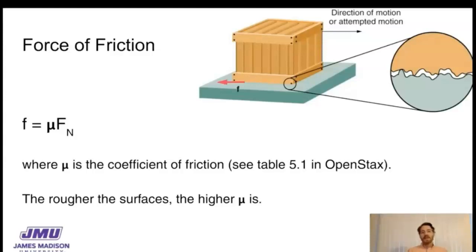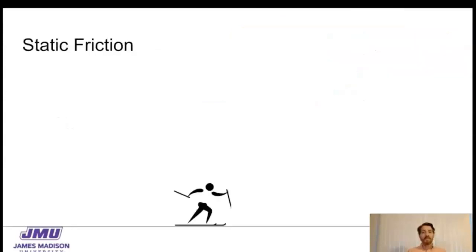Let's take a look at when friction would appear and when it would not. If two surfaces are in contact with each other and they're not sliding across one another, then whether or not there is friction depends on what other forces are applied. So let's imagine we have this skier on waxed wooden skis standing on some sort of snowy or icy patch, and they're just standing there stationary.